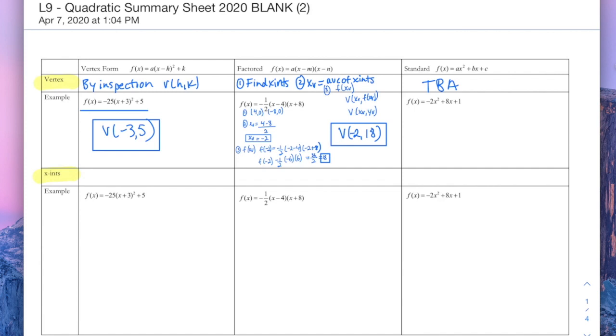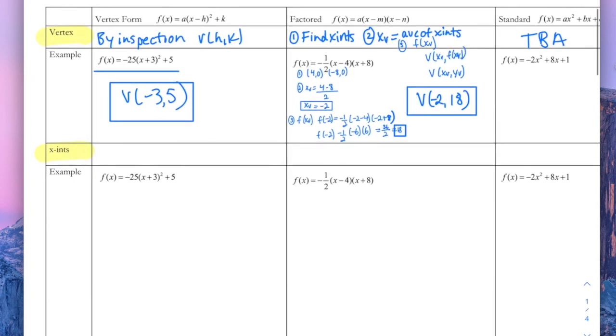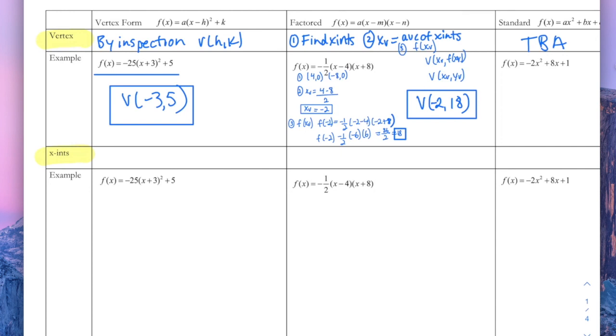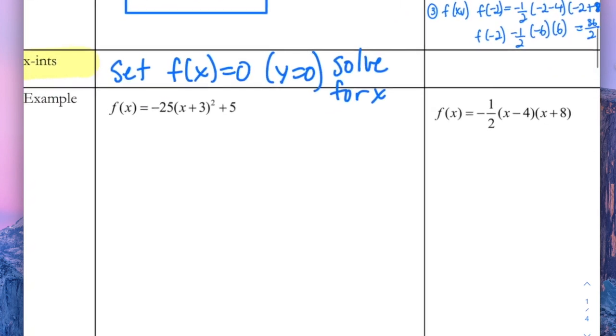All right, x-intercepts. How do I find the x-intercepts in vertex form? Okay, so this actually is a bit of work if you recall. What we need to do is set f of x equal to 0, in other words, y equal to 0, and we solve for x. This takes a little bit of work, as you recall from last time. Let's do it.